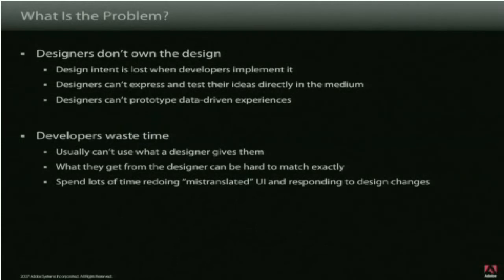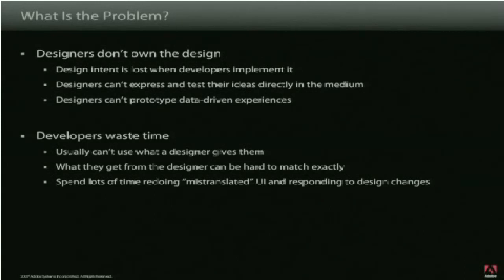And so what we wanted to do was solve the core problem. And what is that? Well, it's that designers don't really own the design. They create stuff that they give to a developer, but when they give a Photoshop file or a piece of paper, a printout, or a bitmap image or a PDF, you really lose that design intent.